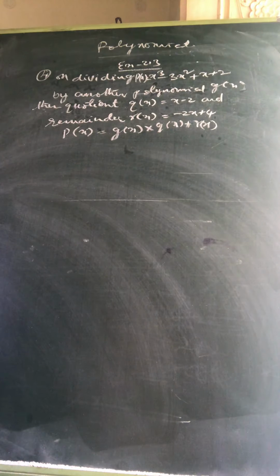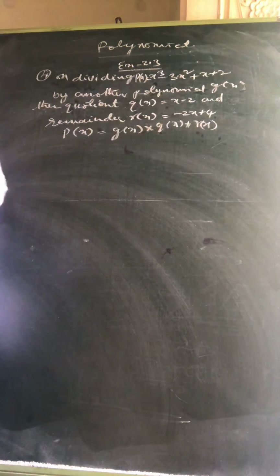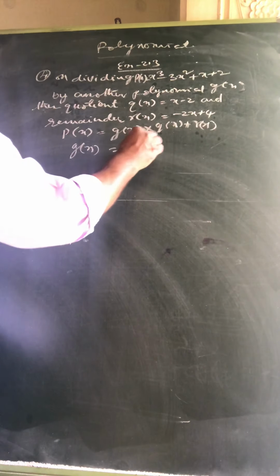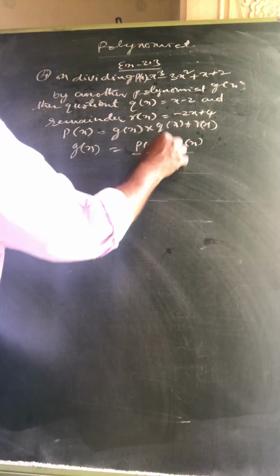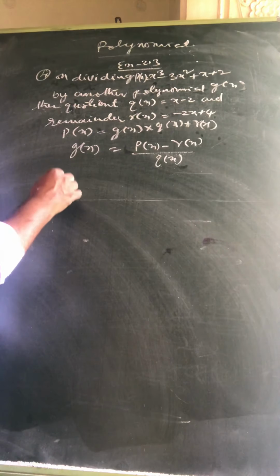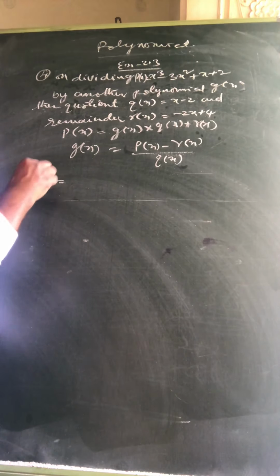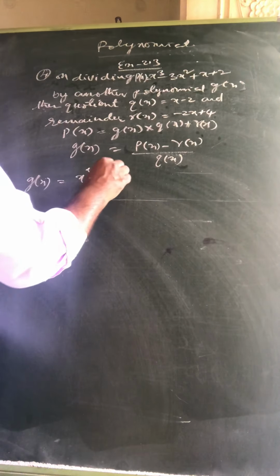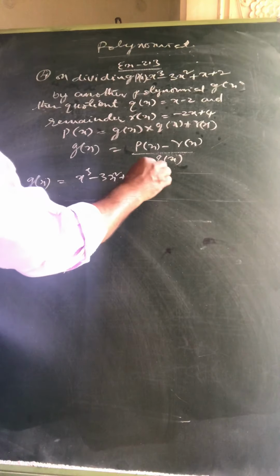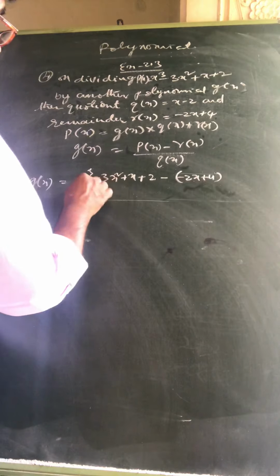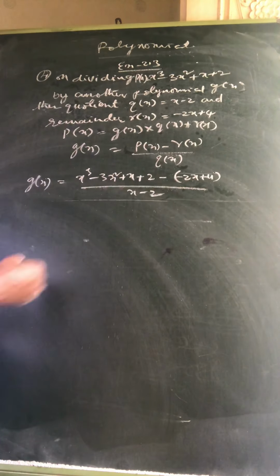To find out the G of x, we have to send these two terms to the other side of the equal sign, that is G of x is equal to P of x minus R of x by Q of x. Then substitute the values over here: G of x is equal to x cube minus 3x square plus x plus 2 minus of minus 2x plus 4, by x minus 2.